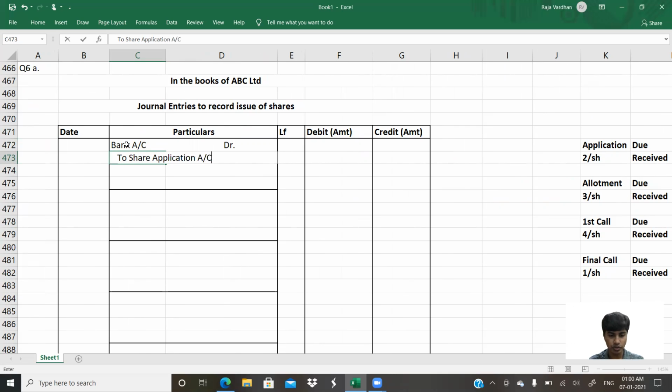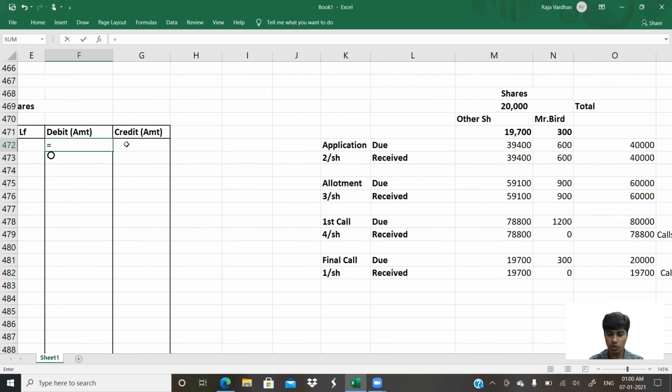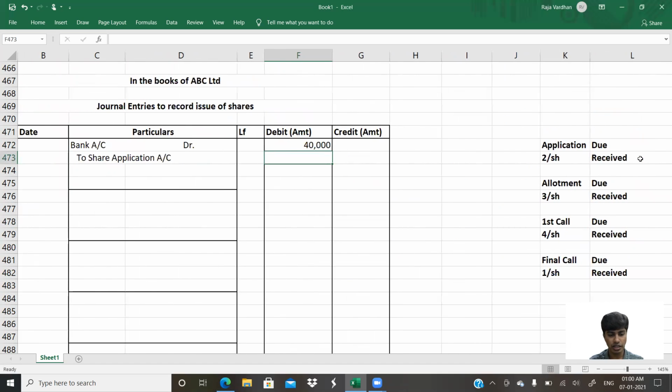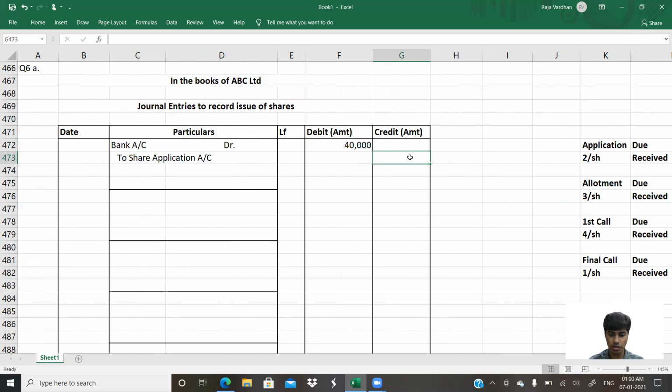Share application account. What would be the amount here? The amount here would be the amount received. How much is received? 40,000 is received. How much is towards share application? Entire 40,000. Then would that money remain at share application account? No. Here you can write the narration. Being share application money received.